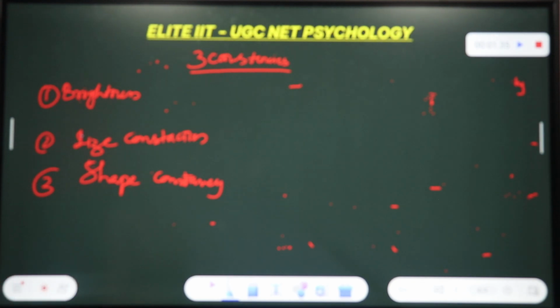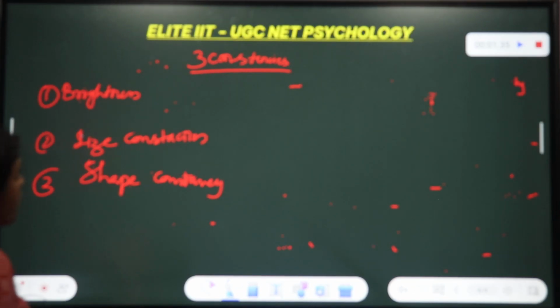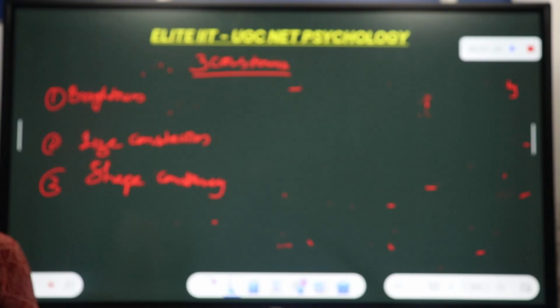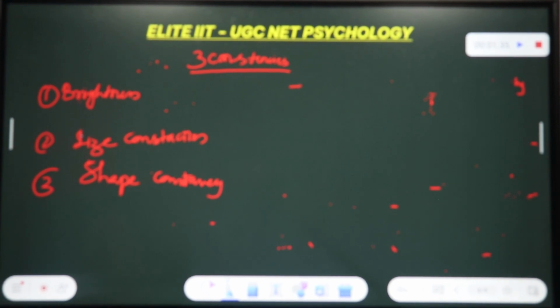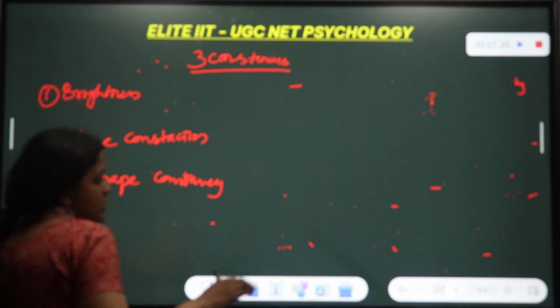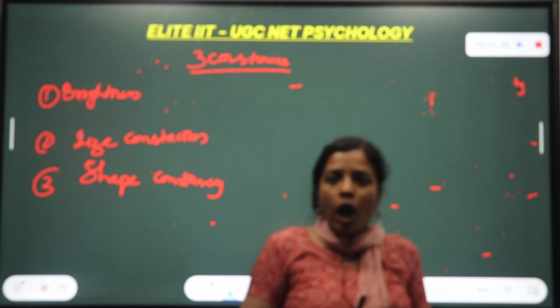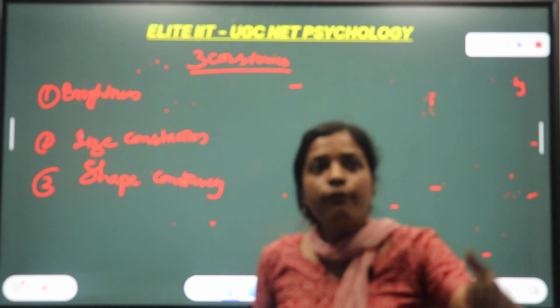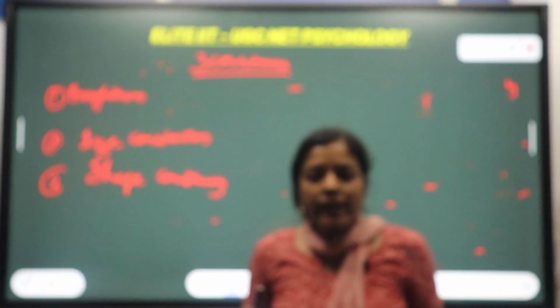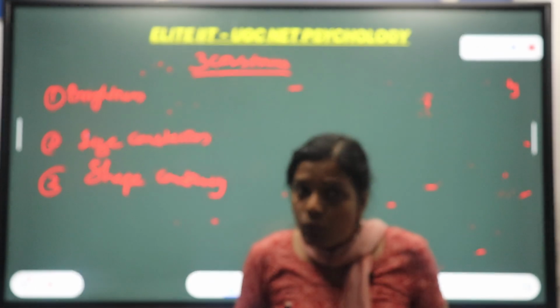Okay, so this is about perceptual consistencies which help us to make perceptions quite well. Another important thing is the perception of depth and distance. This is very important for us because how do we know how far the tree is from us, so that we will not go and hit it when we are walking.